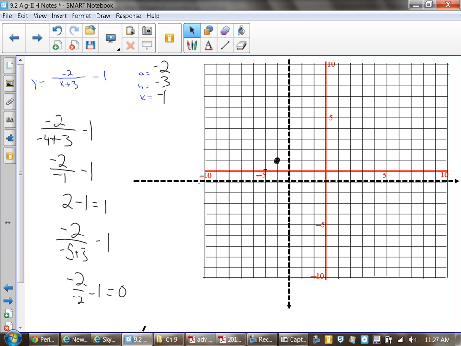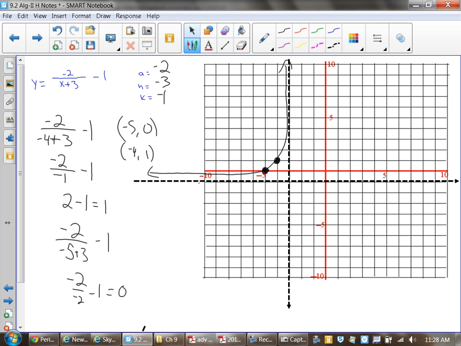So at -5, it's 0. So we have 2 points, -5, 0, and -4, 1. See how these 2 points are going like that? That means my graph is going to look like this. What are the next 2 points on the other side?